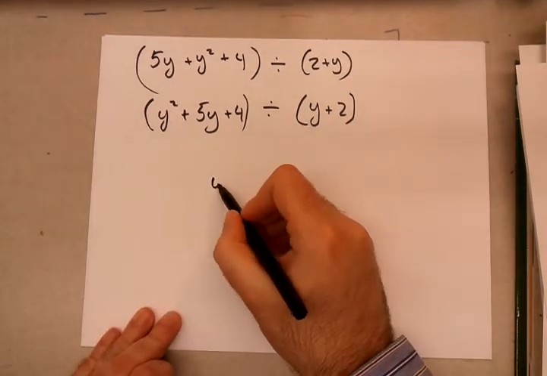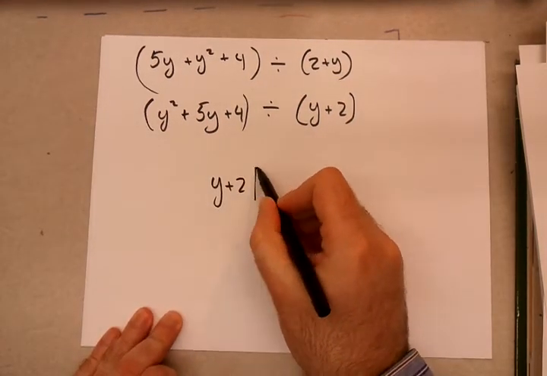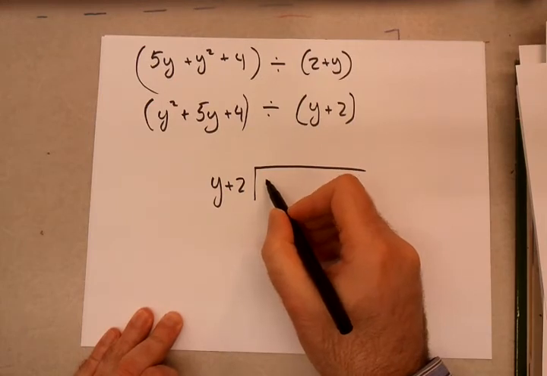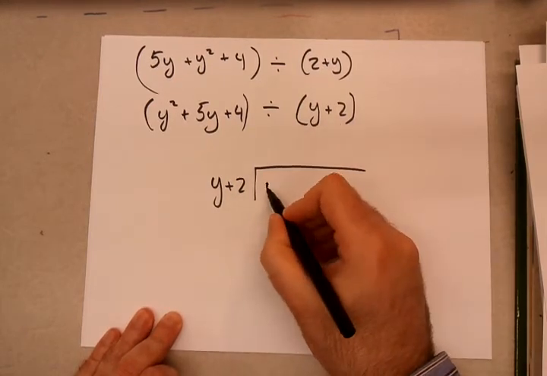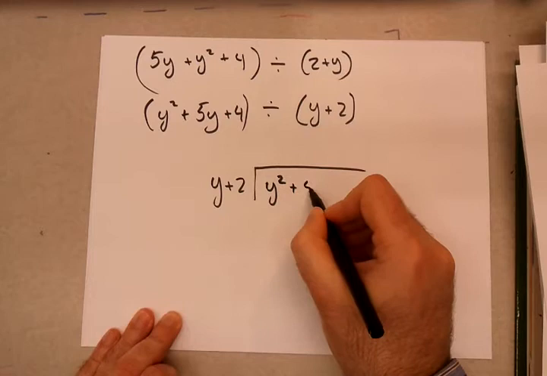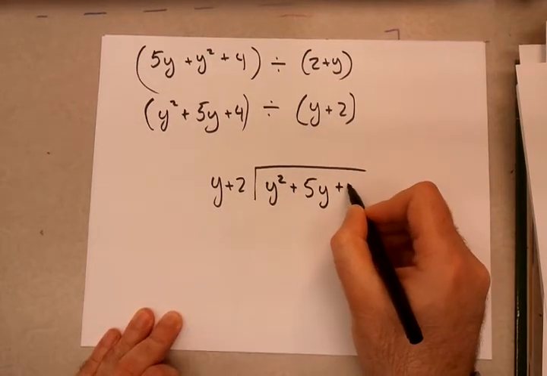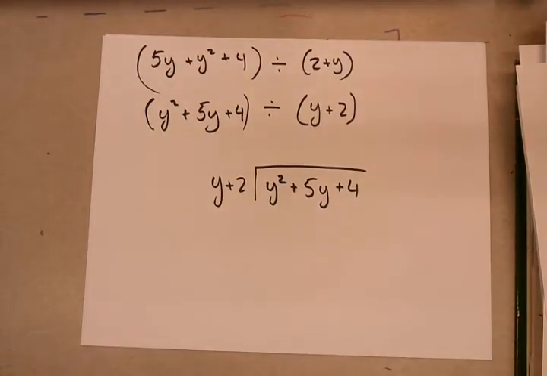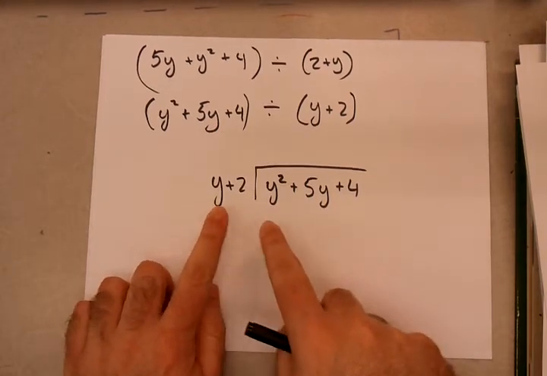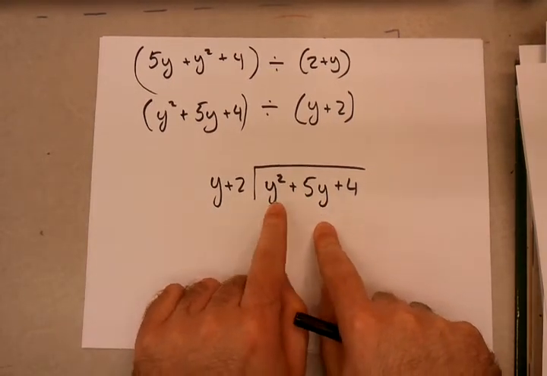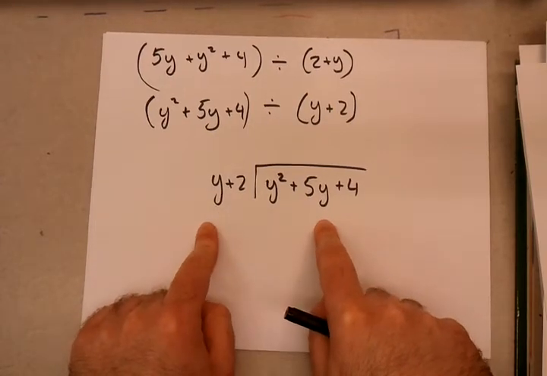Then we're going to set up our long division with the divisor on the outside and the dividend on the inside. And now we're going to go ahead and do our division. So I'm going to try to get this into this. Second power, first power.